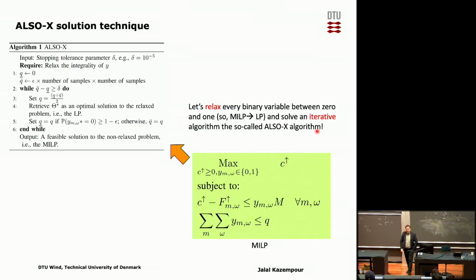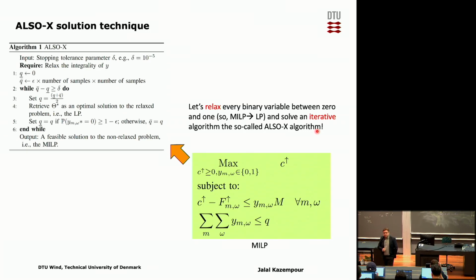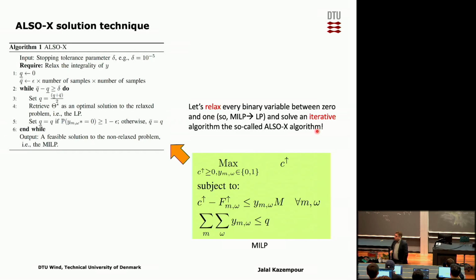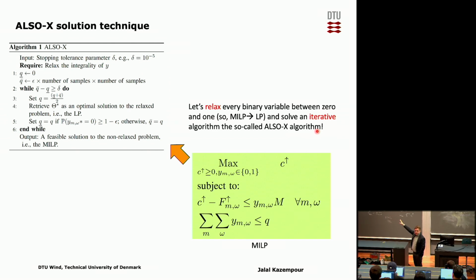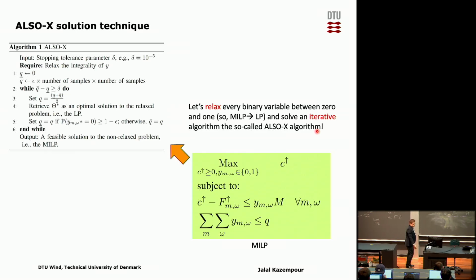Eventually, it will provide you a feasible but not necessarily optimal solution. Okay? So I think it's good for you to know that, but for your task, I don't think you need this iterative LP. You will be able to solve this MILP problem directly. Are you following me? Good.